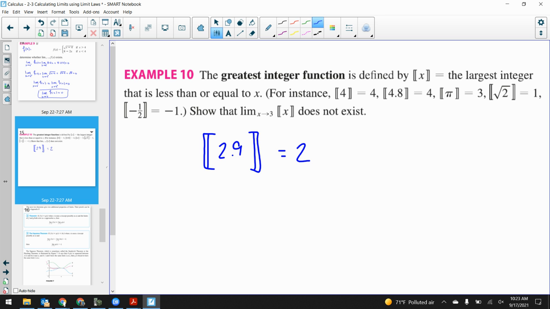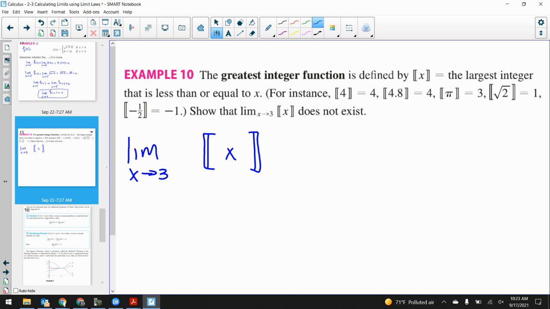I want to show that the limit as x approaches 3 of this greatest integer function does not exist. Now, to show that it does not exist, we want to use the idea of the left side and right side limit. Okay?